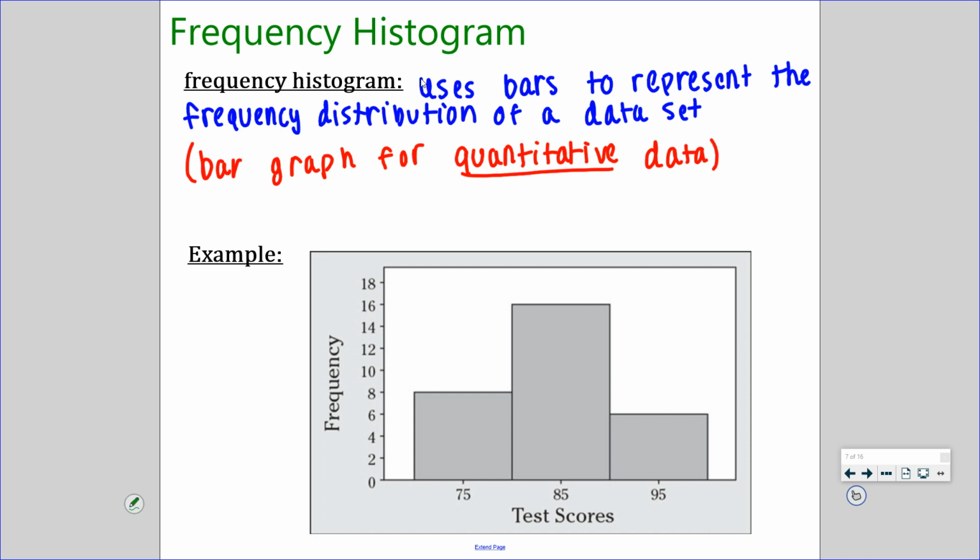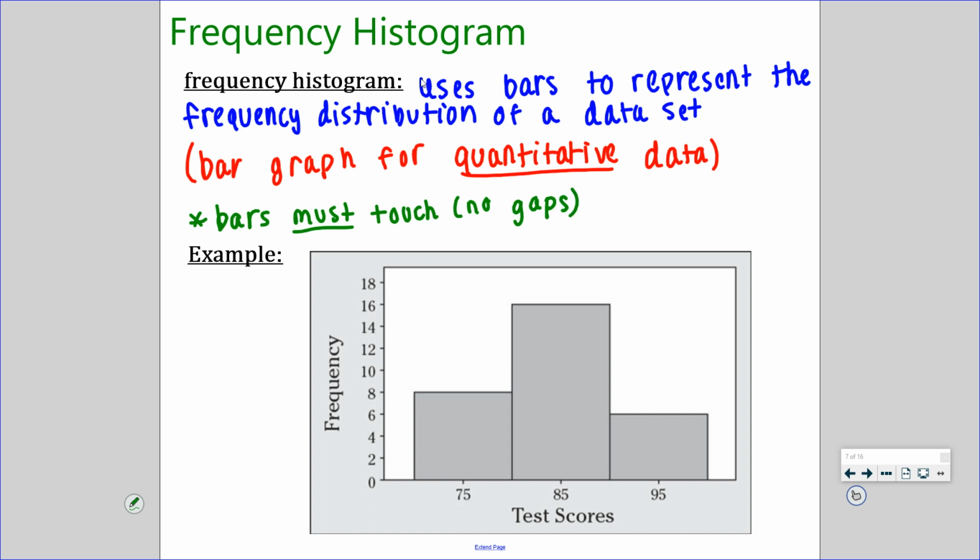One characteristic of histograms is that the bars always touch. There should be no gaps. So when you go to make some of these, the bars must touch. It's just a way that histograms are displayed. Bars must touch, no gaps. So here's an example of a frequency histogram.